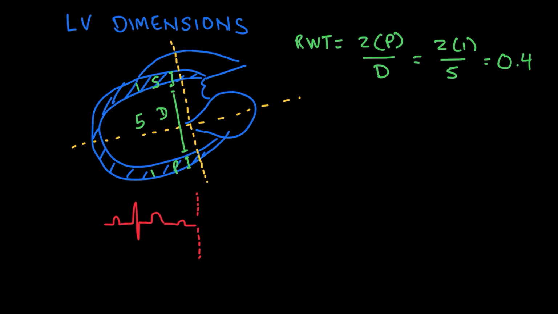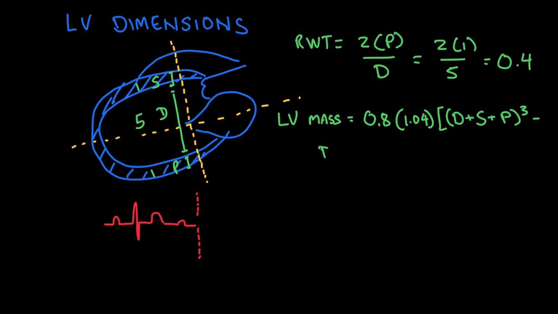How about the mass? Well, for LV mass, we have the following formula. It is 0.8 times 1.04 times the sum of the diameter plus the septal wall plus the posterior wall, cubed, minus the diameter cubed, plus 0.6.